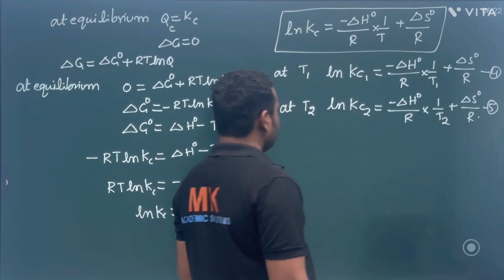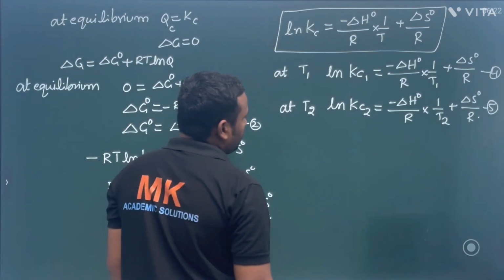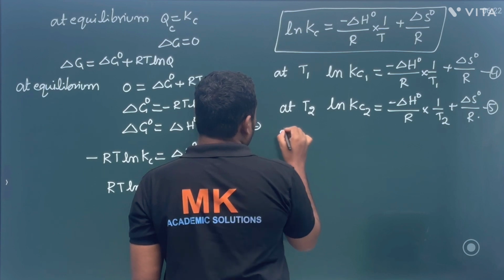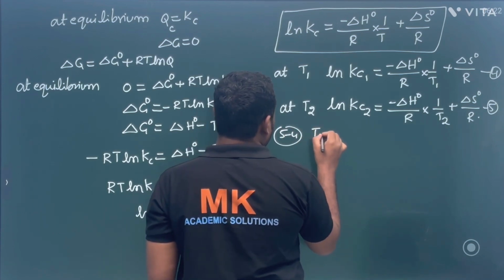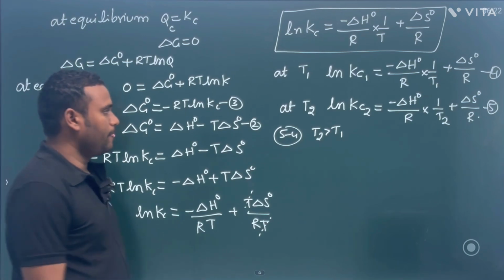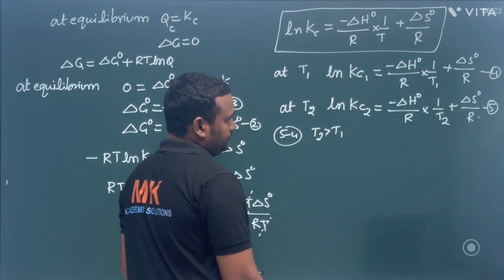Now let us do 5 minus 4, and apply the condition T2 is greater than T1.